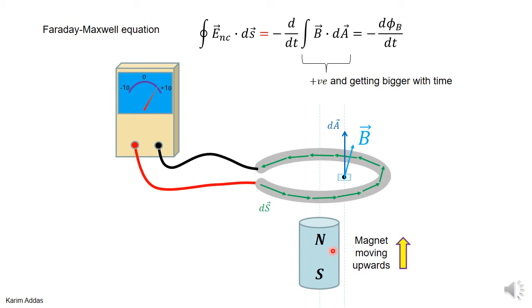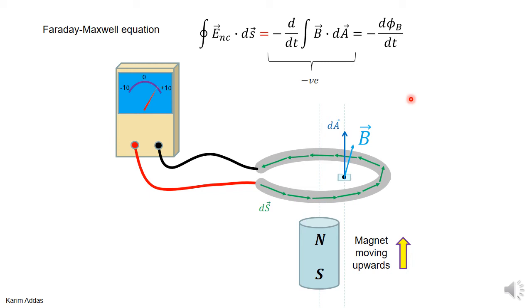So the rate of change of this positive quantity is positive also, and that's why the rate of change of the magnetic flux is positive. Now, if you multiply a positive number by -1, you get a negative number. So the right-hand side of this equation is negative for this particular case.